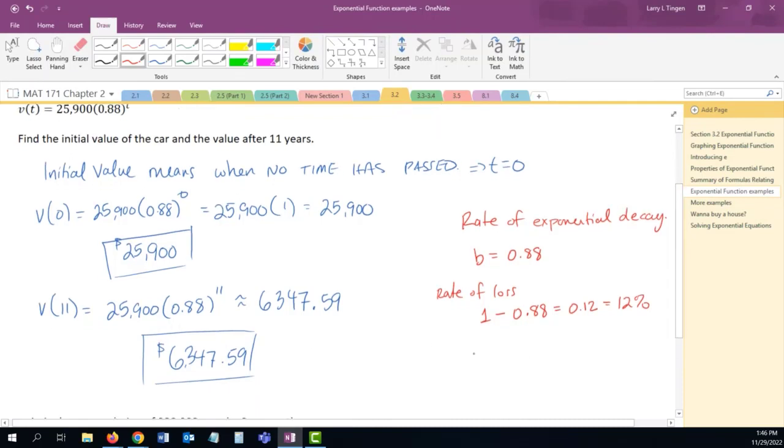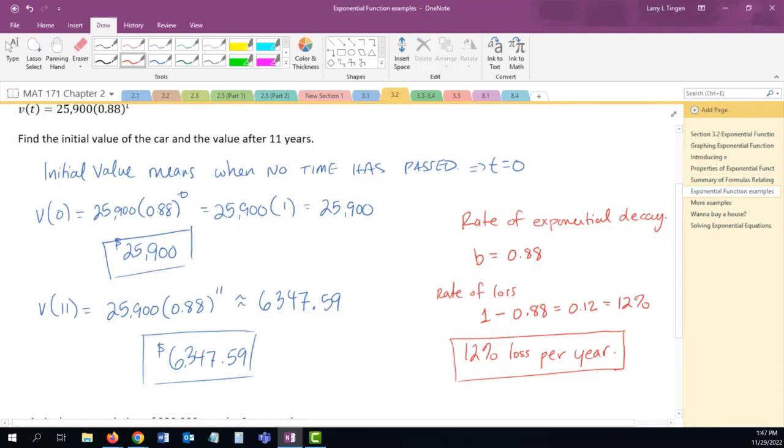So this is what 12% loss per year looks like. Right? It's worth 12% less at the end of the first year than it was when you bought it.